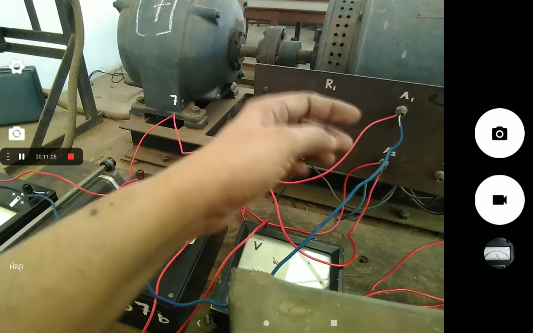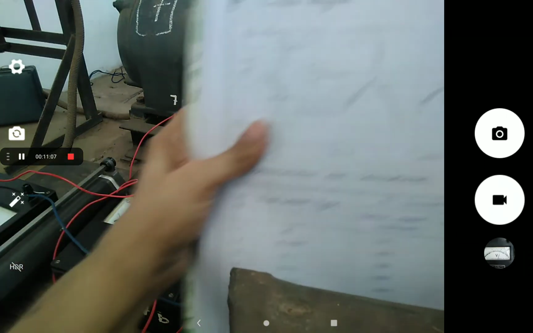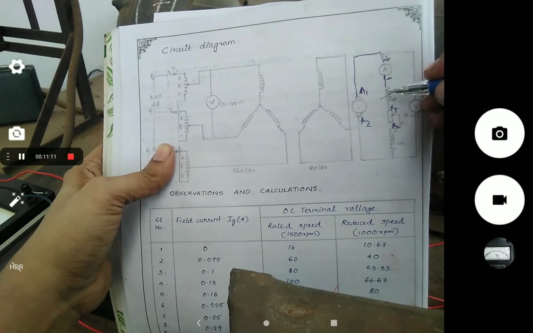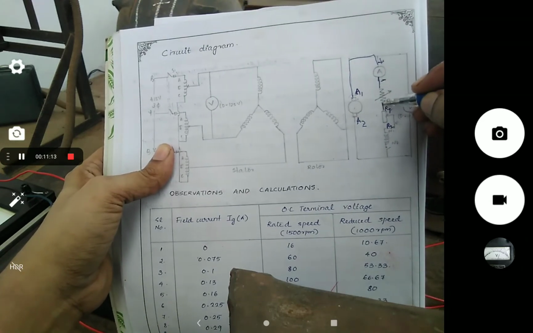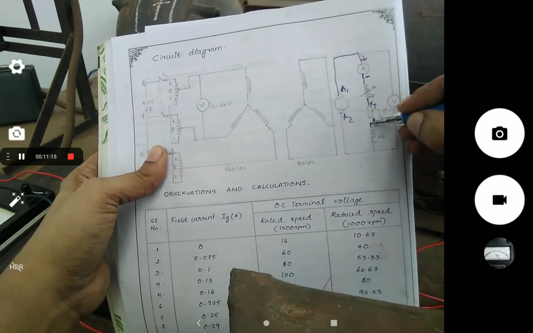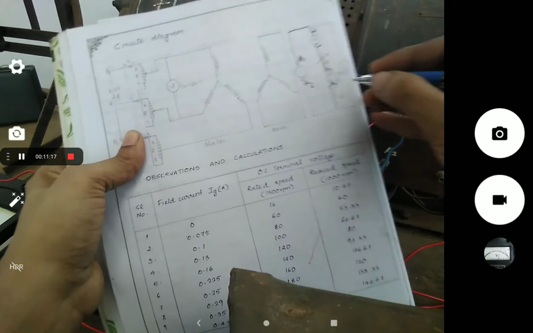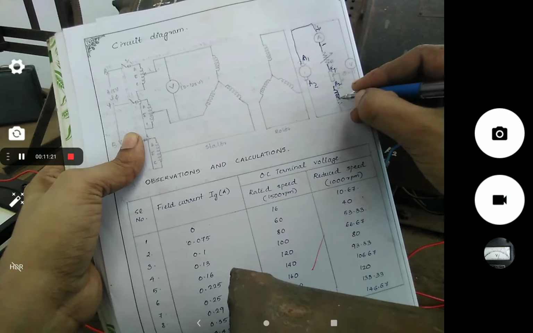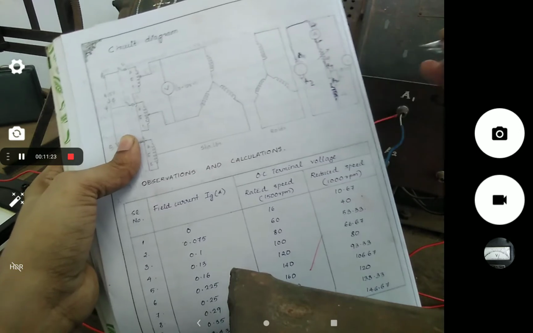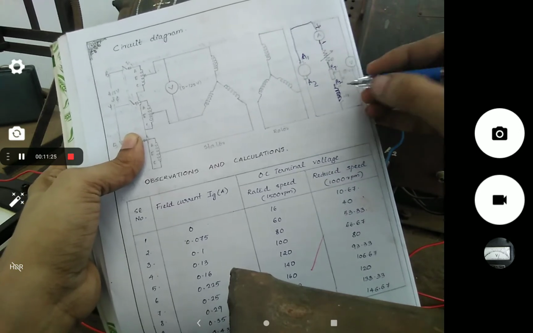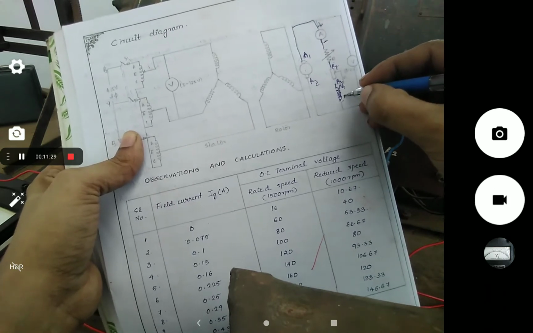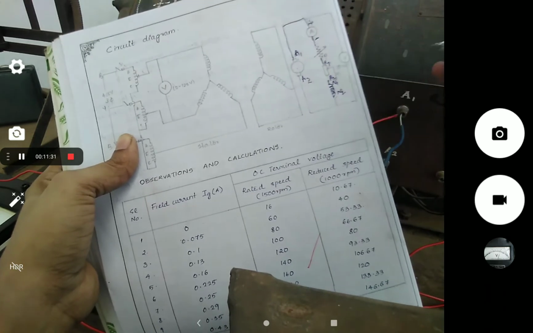Then take a wire from R2. So now you have connected ammeter negative to rheostat, then rheostat to R1, then from R2 to your field winding. We are connecting this generator as a shunt generator. So this is your shunt field winding, connected to N1, N2.